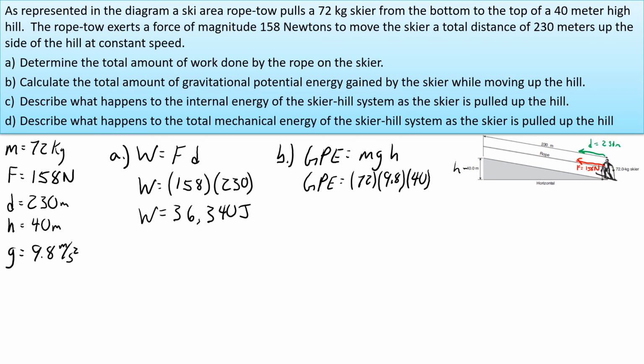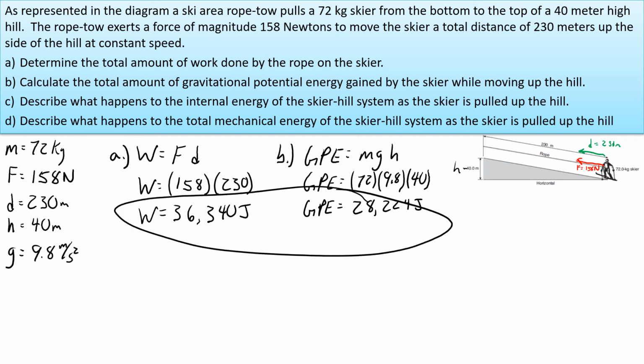And you get, look at that, it's different. The GPE is only 28,224 joules. We did more work than the gravitational potential energy that we gained. I wonder what happened to that other energy.